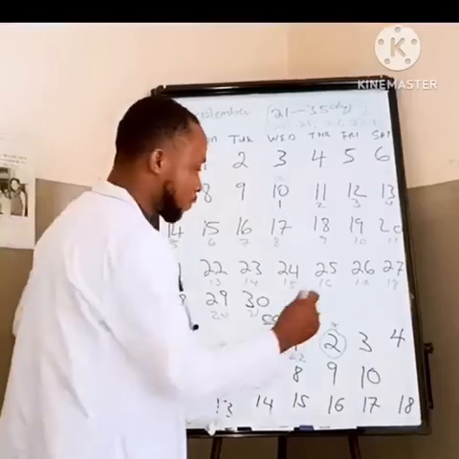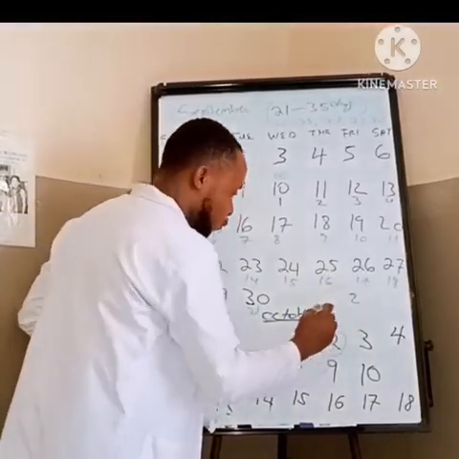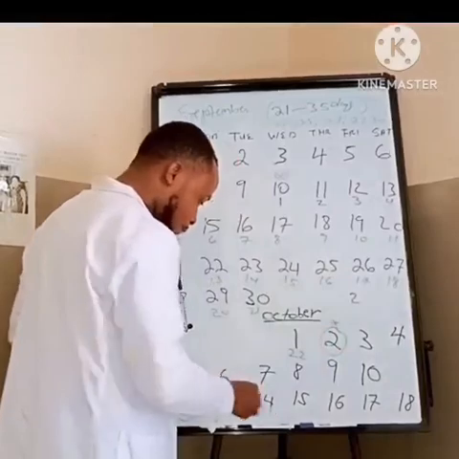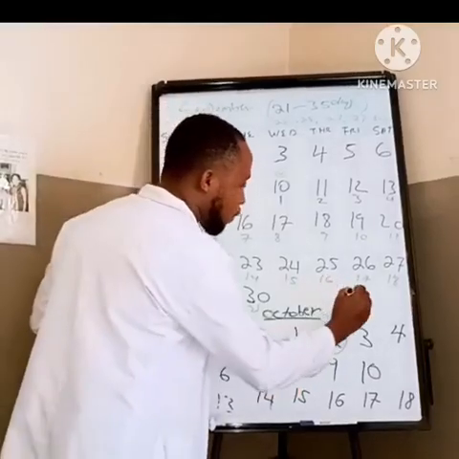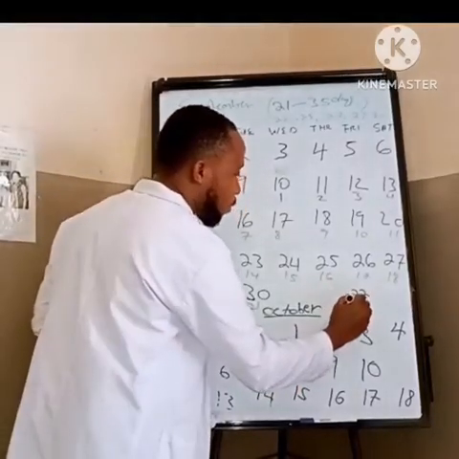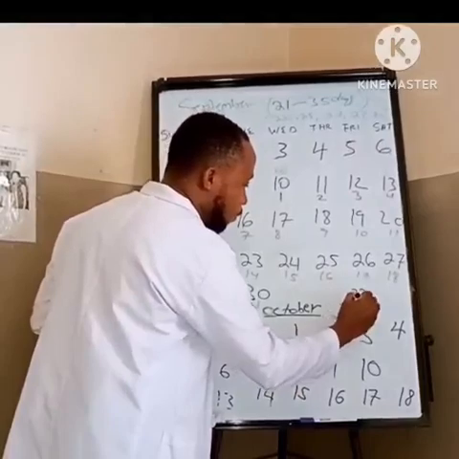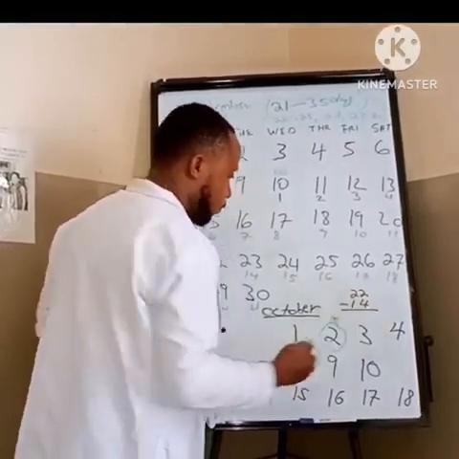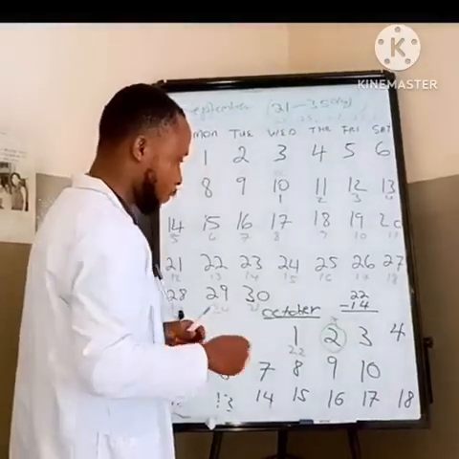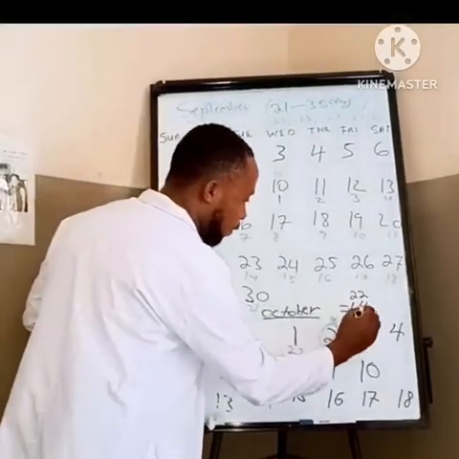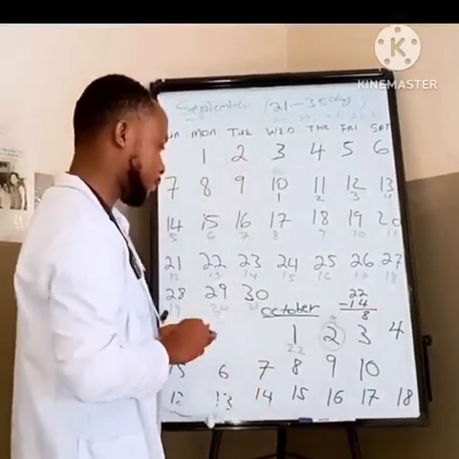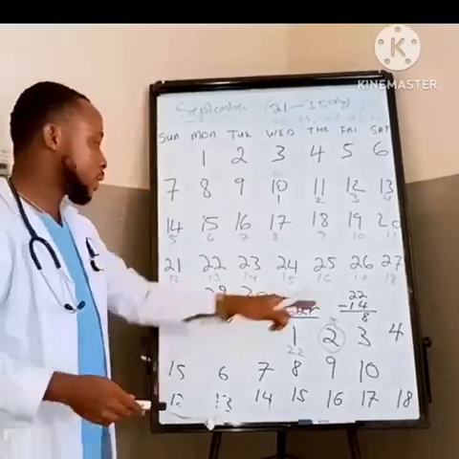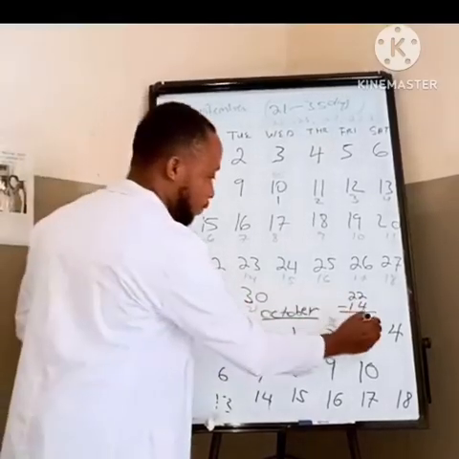So we have 22 minus 14. So here we have 8. So this is correct. We have 8.